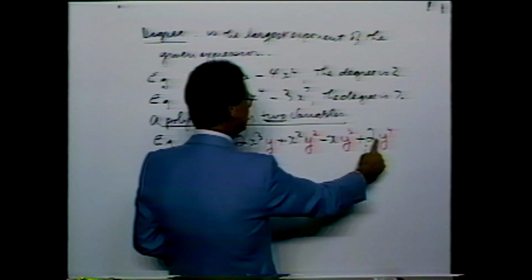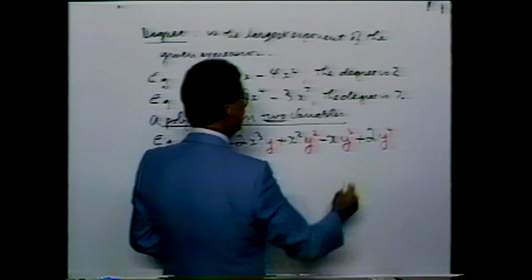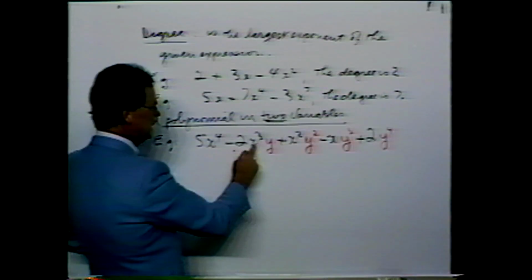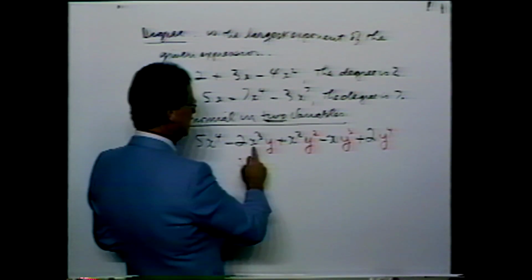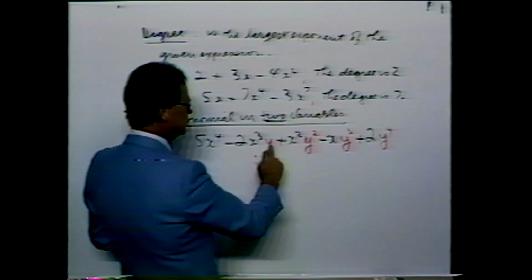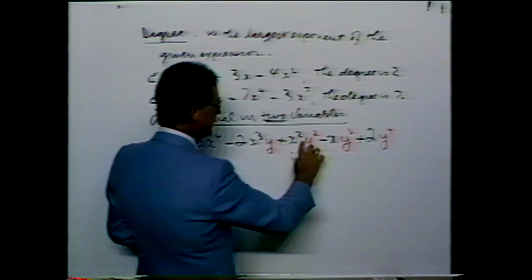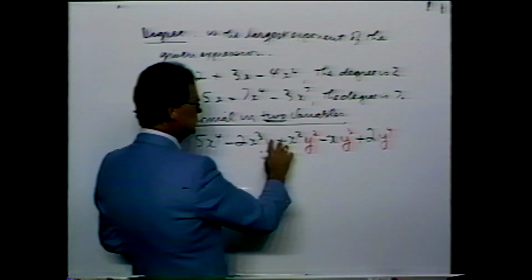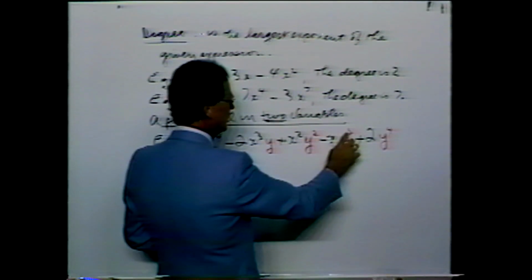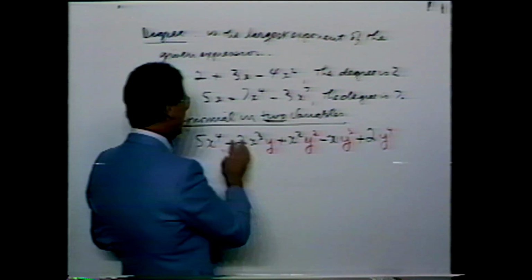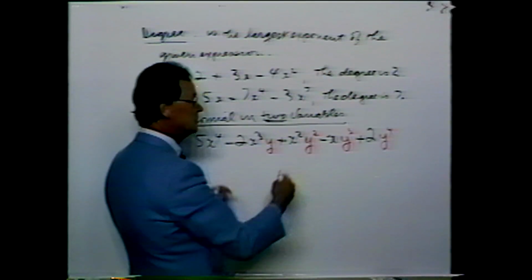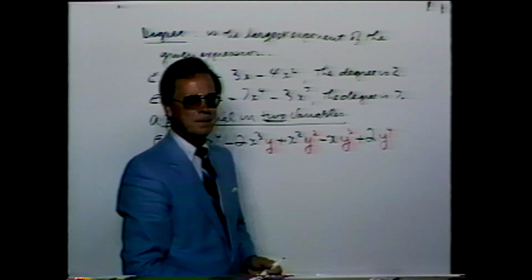No x term occurs here beside the 2. Remember, x to the 0. But now if you ignore the x part of the expression and concentrate on the y, you will see that the y powers are in increasing order of powers. And that's how polynomials in two variables have to be put together.